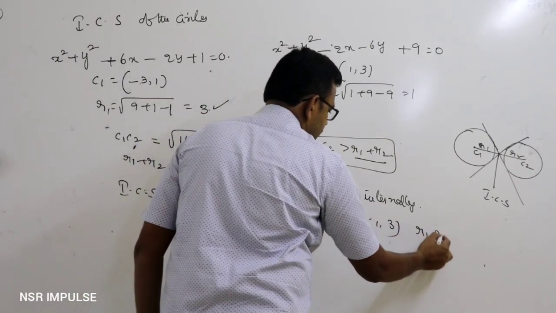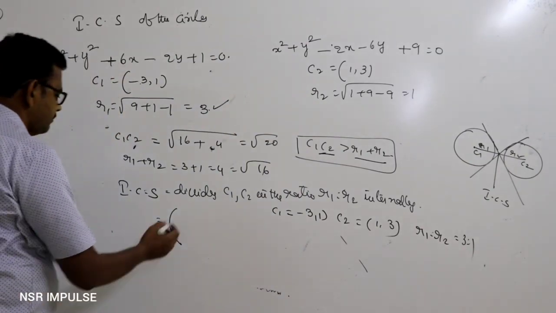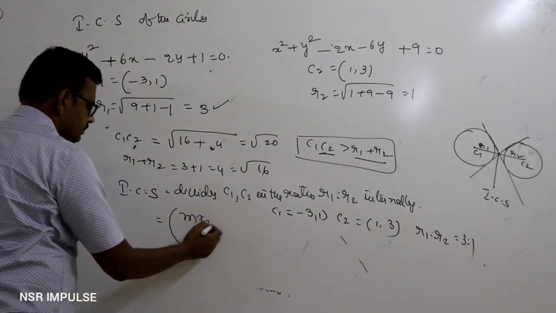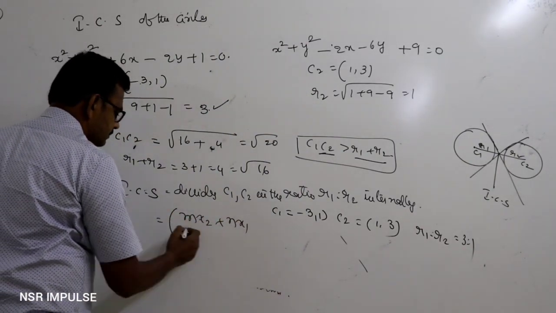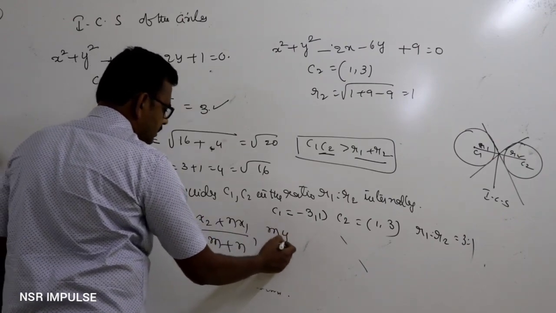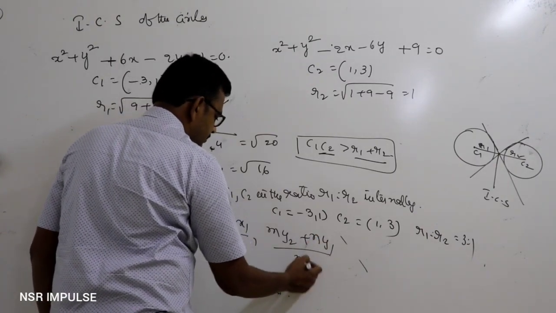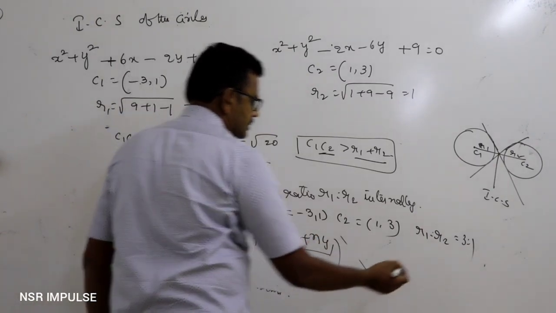R1 is to R2 is equal to 3 is to 1. Now the formula is (mx2 plus nx1) by (m plus n), comma (my2 plus ny1) by (m plus n). Now this is m is to n.